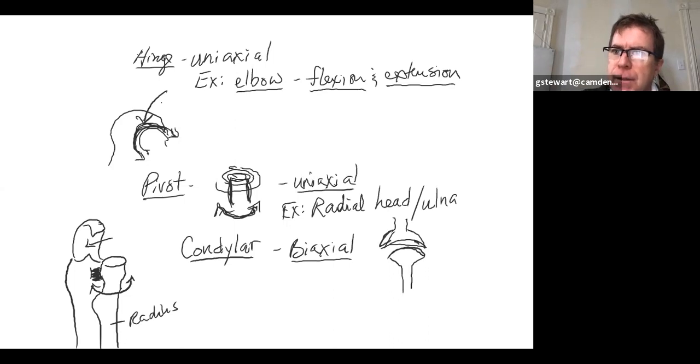This would be the receiving socket end, and this would be the elliptical convex end. One fits in the other. This is where our metacarpals, that's the first set of long bones in your hand, meet the phalanges. So if you hold your hand up and spread your fingers out, at the base of your fingers, right where they meet the fleshy part of your hand, that's where this condylar joint typically occurs.